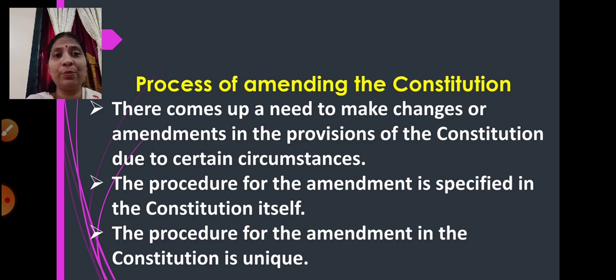There is a procedure which we have to follow for making the amendment, and it is specified. According to the constitution, the things which can be changed are also mentioned in the constitution. And this procedure is also unique.